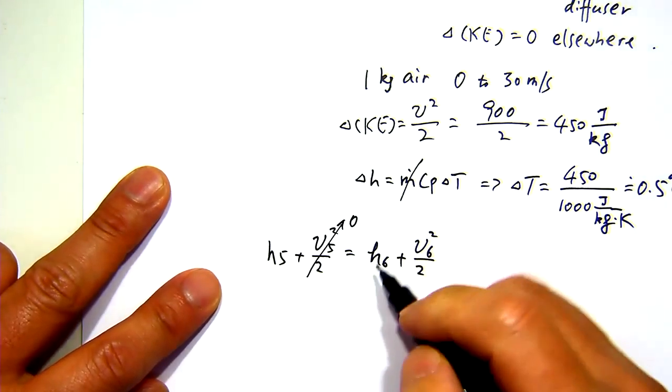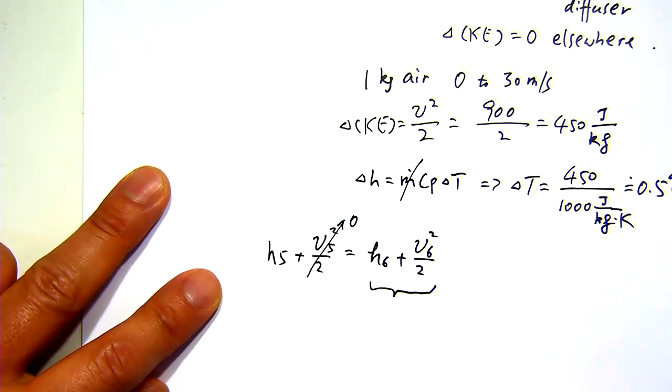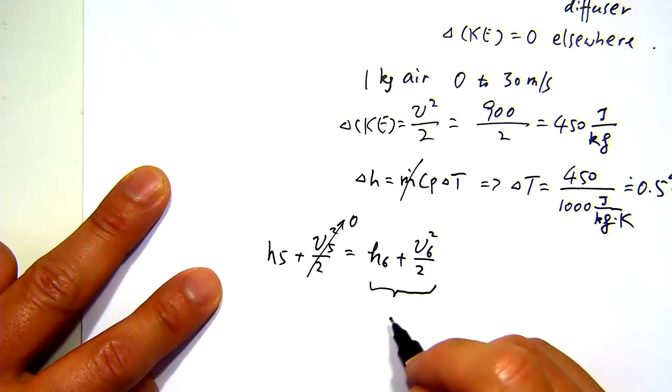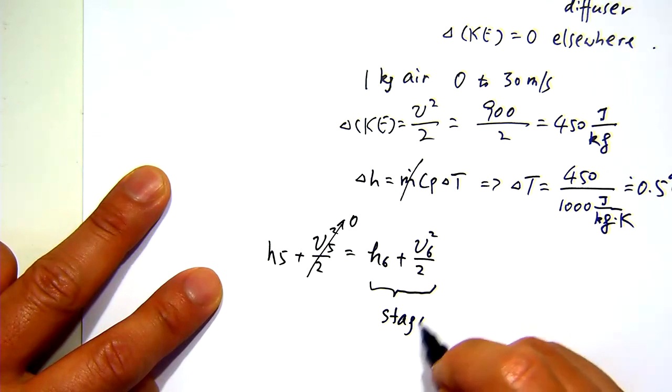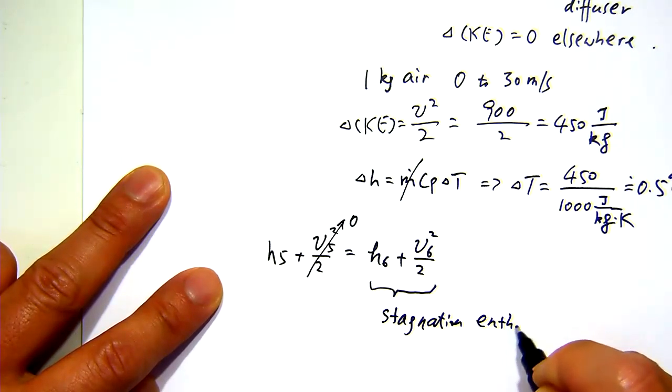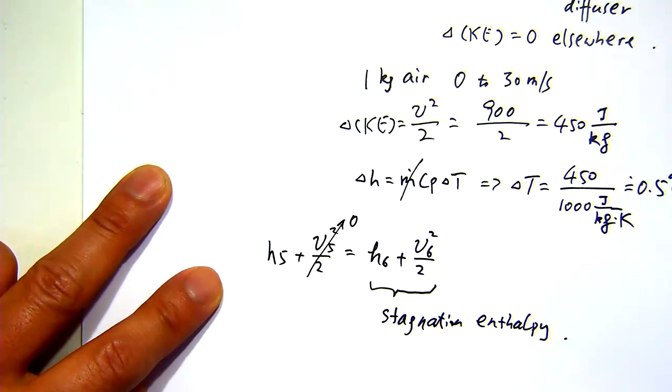All right. So there is a new term we can define, which essentially combines the enthalpy and the kinetic energy term. That's called stagnation enthalpy.